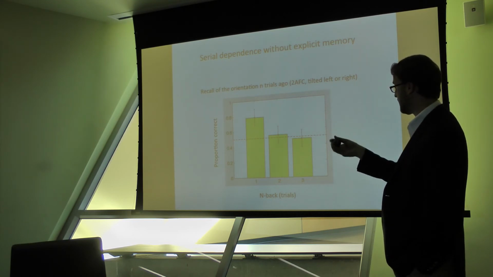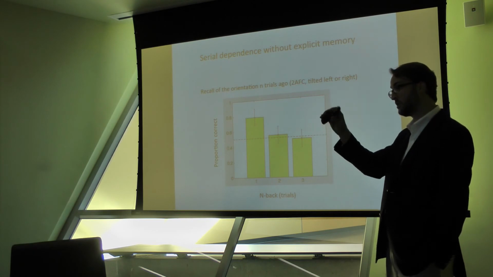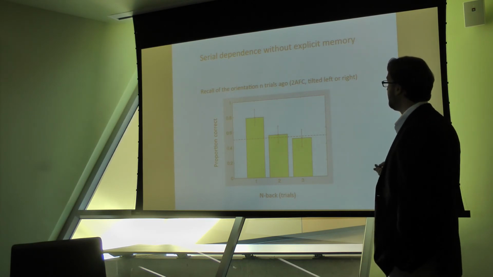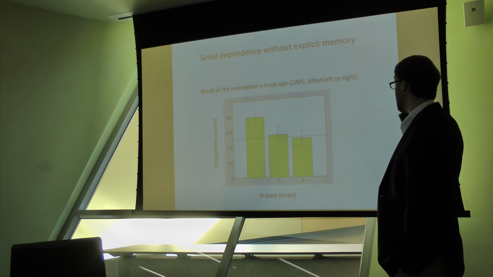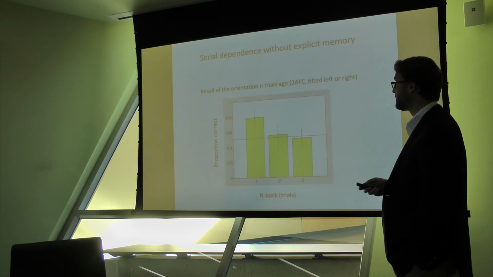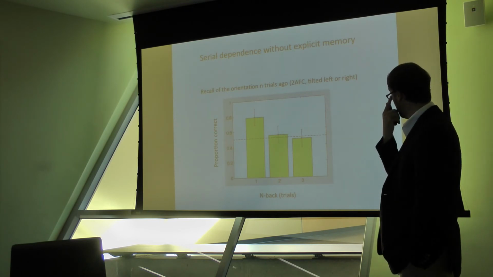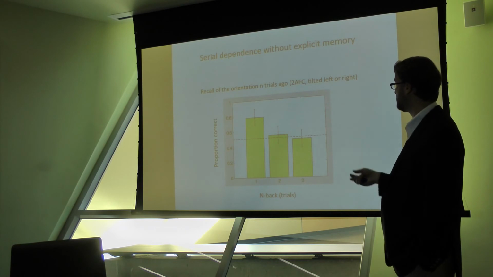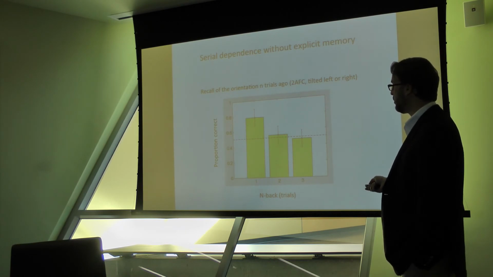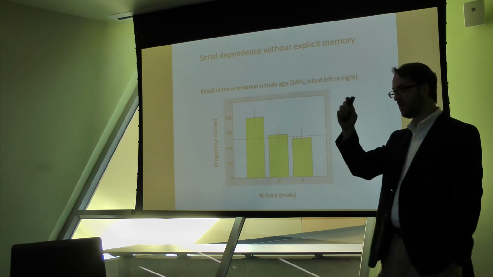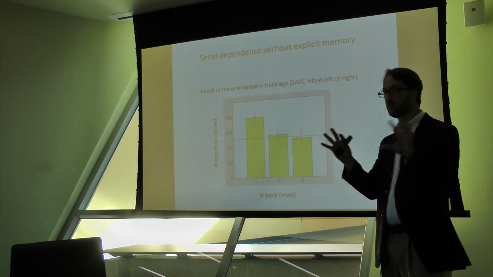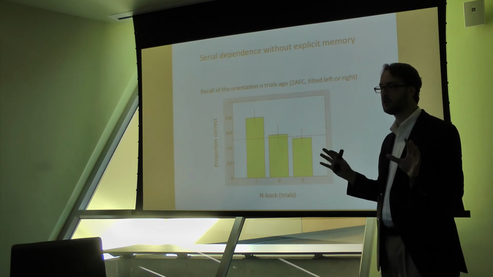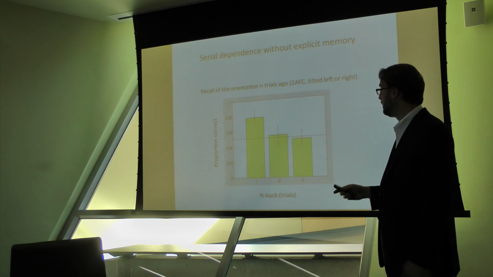In one, he had subjects do exactly what I described before, which is match the orientation that the subject just saw. But they were also given a second task, a 2AFC discrimination on some of these trials. What they were asked was, in addition to matching the orientation, tell me, the Gabor 1 trial ago, was that tilted clockwise or counterclockwise? Just a simple, coarse 2AFC judgment, very, very coarse. Is it tilted that way or that way?